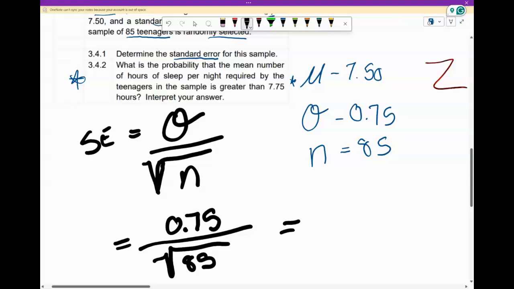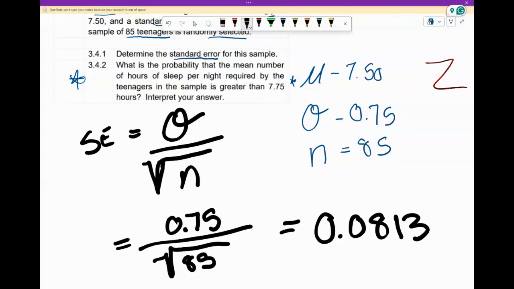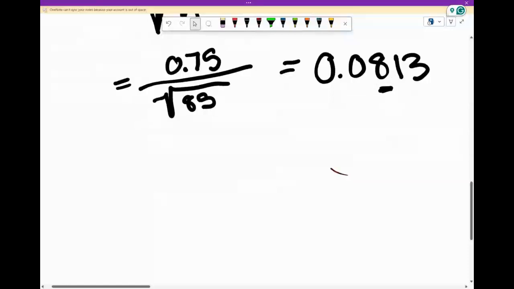What is our SE? What is our standard error? 0.0813. Let's just see where they rounded it off to here. Okay, yeah, so they left it at 2 decimal places, so that's fine.